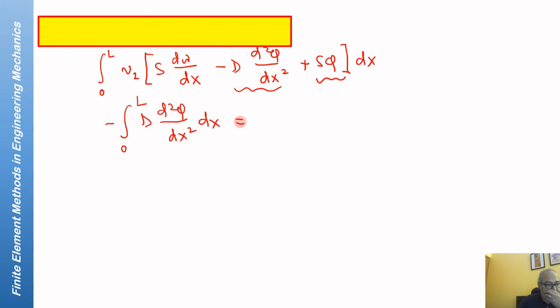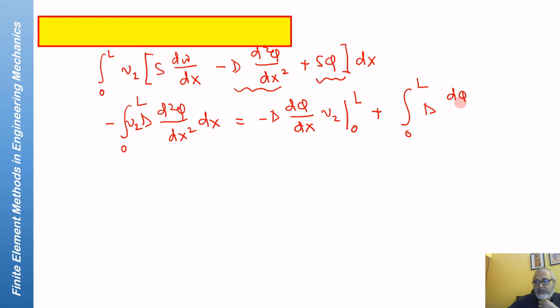This will become minus d phi/dx times v2 from 0 to L plus the integral 0 to L of d phi/dx dv2/dx. So this is what this term will become.